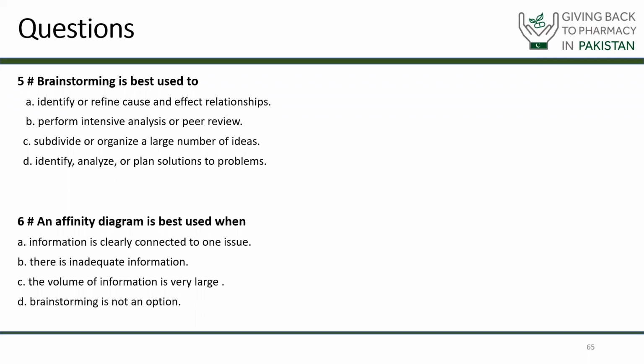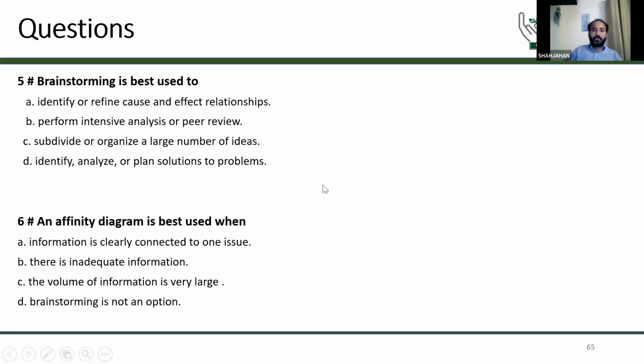I think a mix of C and D. So for question number 5, the answer is D. As we discussed before, we use brainstorming when we have many problems, and we have to analyze and get maximum ideas from the start. So: identify, analyze, or plan solutions to problems. This is brainstorming.